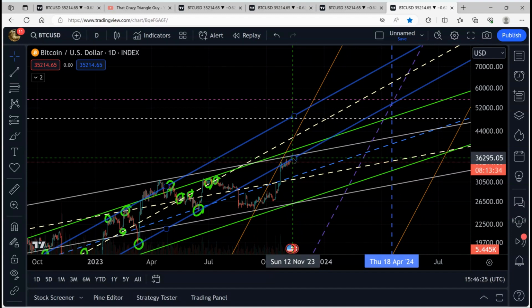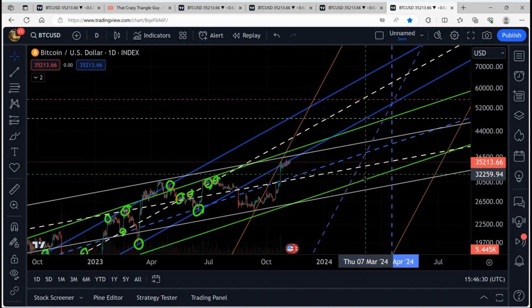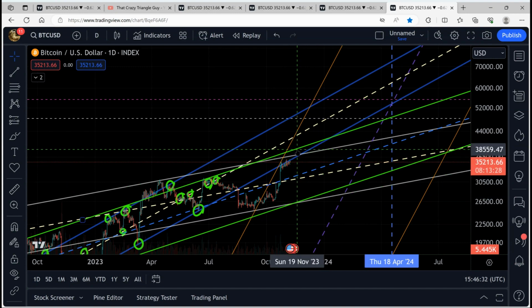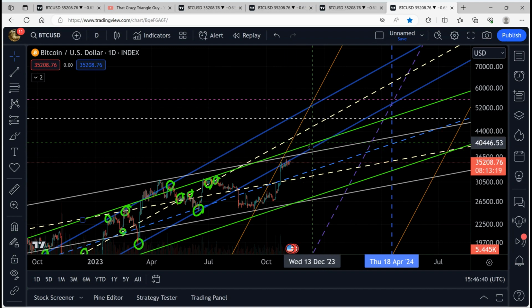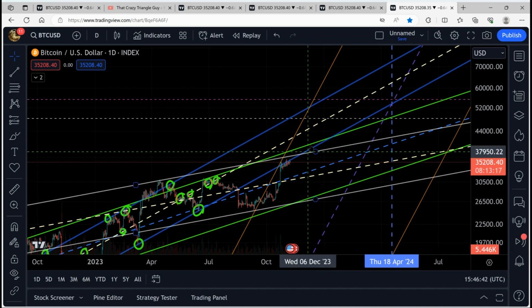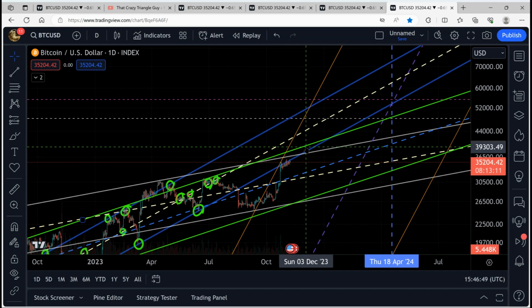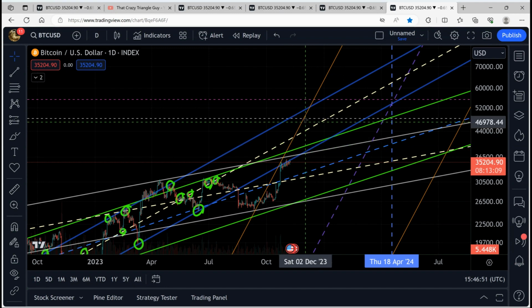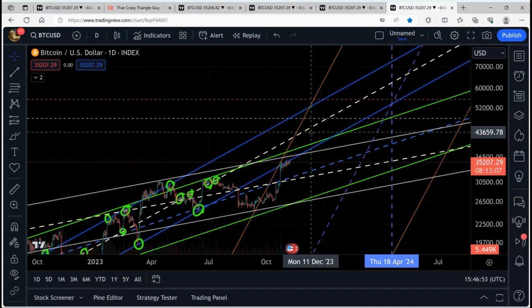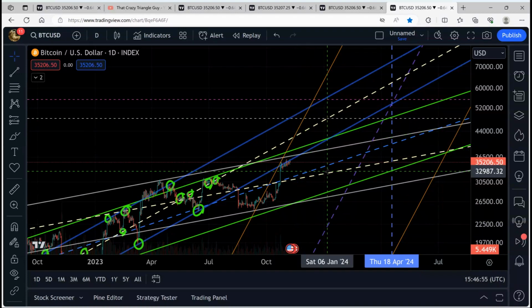We are most probably not going to interact with the white channel anymore here. I don't know what we're going to do here, if we're going to get sticky in this area because we're breaking out of the white one, out of the green one, and into the blue one. So let's just see what happens.